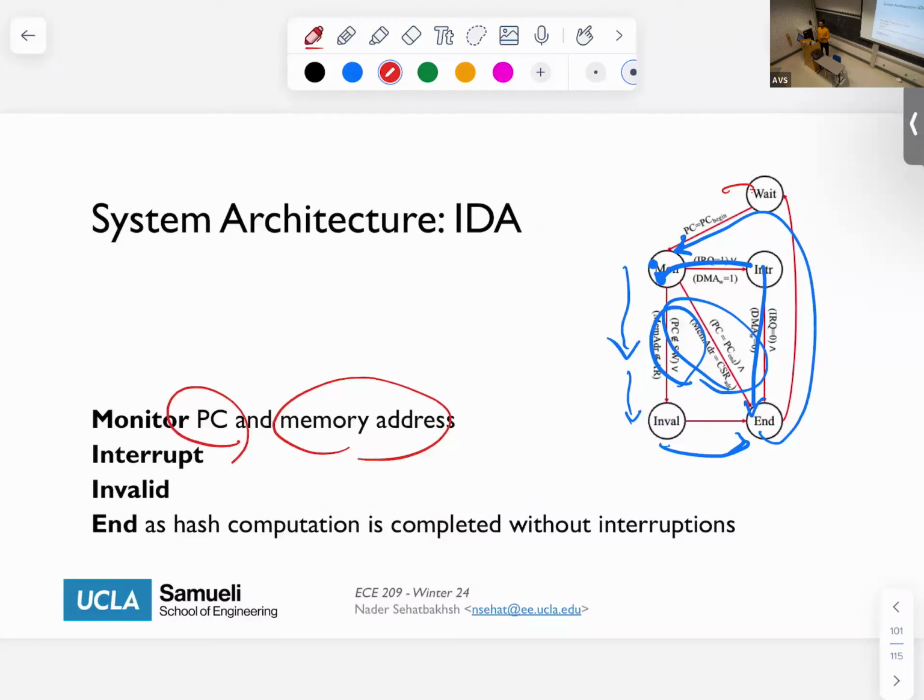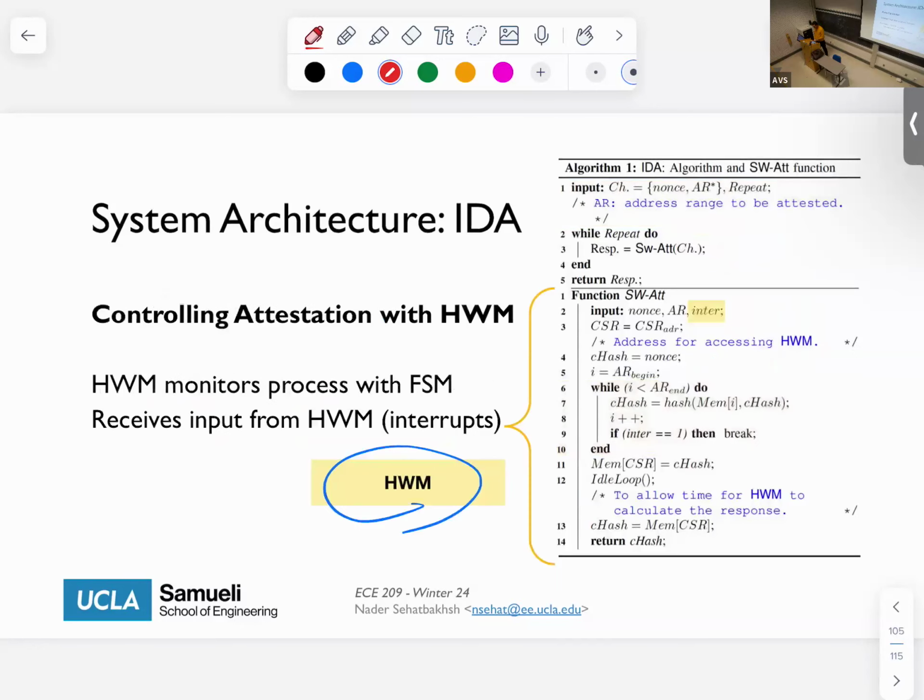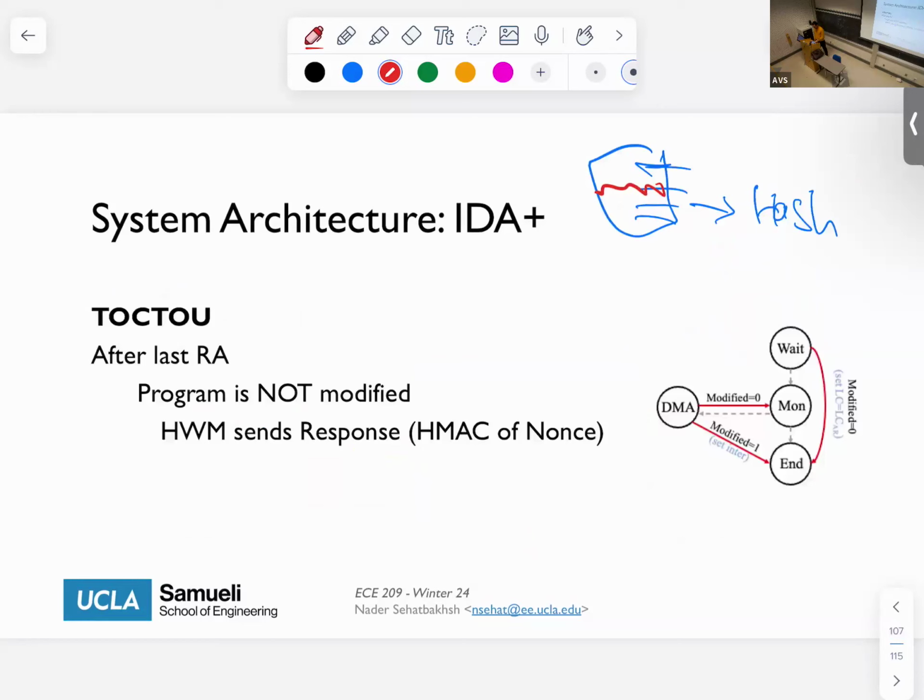So here's what we're gonna do. We're not gonna turn off our hardware module after the attestation. The hardware module keeps looking at the content of the memory. What it's going to do is answer this binary question: whether the program has been modified since the last attestation. So we do the attestation for the system and let's say we trust it. Now some time passes, let's say a day or 2 days or a week.